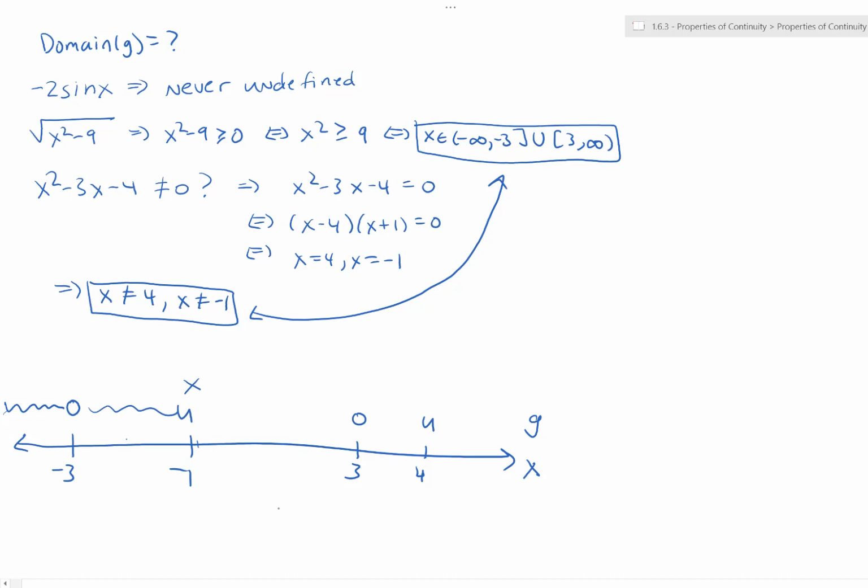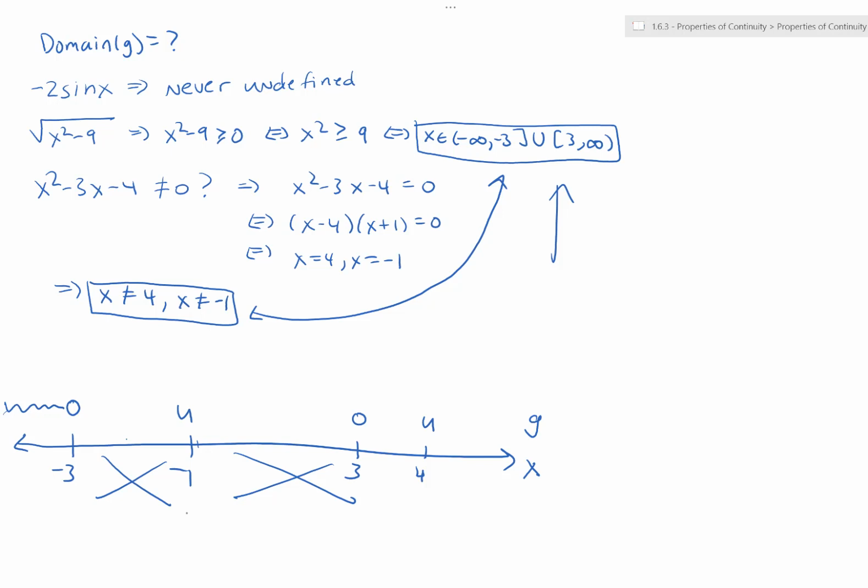And what about from negative 1 to 3? Nothing's going to work there, right? Because we have to be coming from this interval right there. So nothing between negative 3 and negative 1 will work, and nothing between negative 1 and 3 will work.